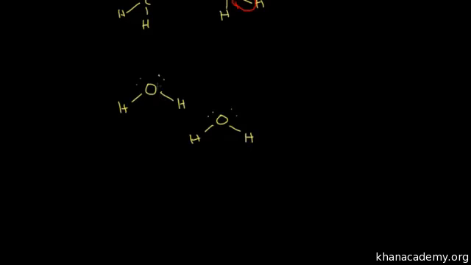Oxygen is more electronegative than hydrogen, so it will pull those electrons closer to it, giving it a partial negative, leaving the hydrogen with a partial positive. And the same situation exists on the bottom water molecule like that.